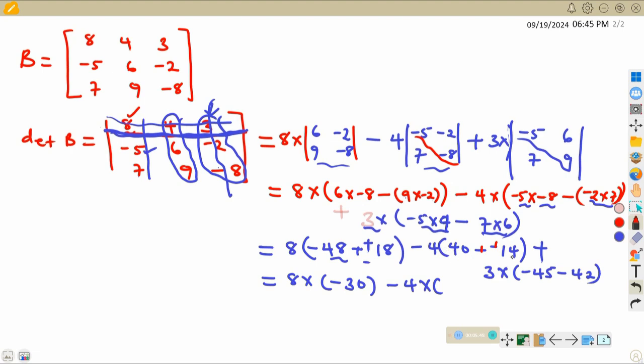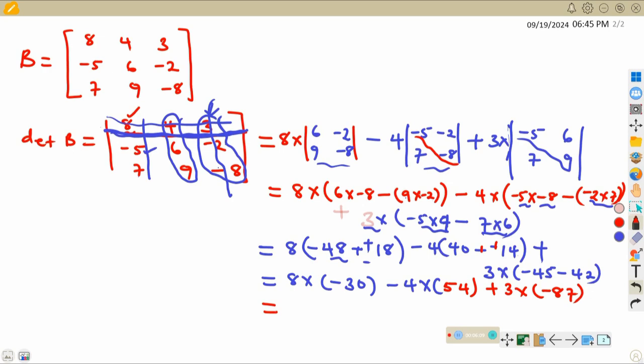So 40 plus 14 will be 54. Again, add 3 times negative 45 minus 42. It will give us minus 87.